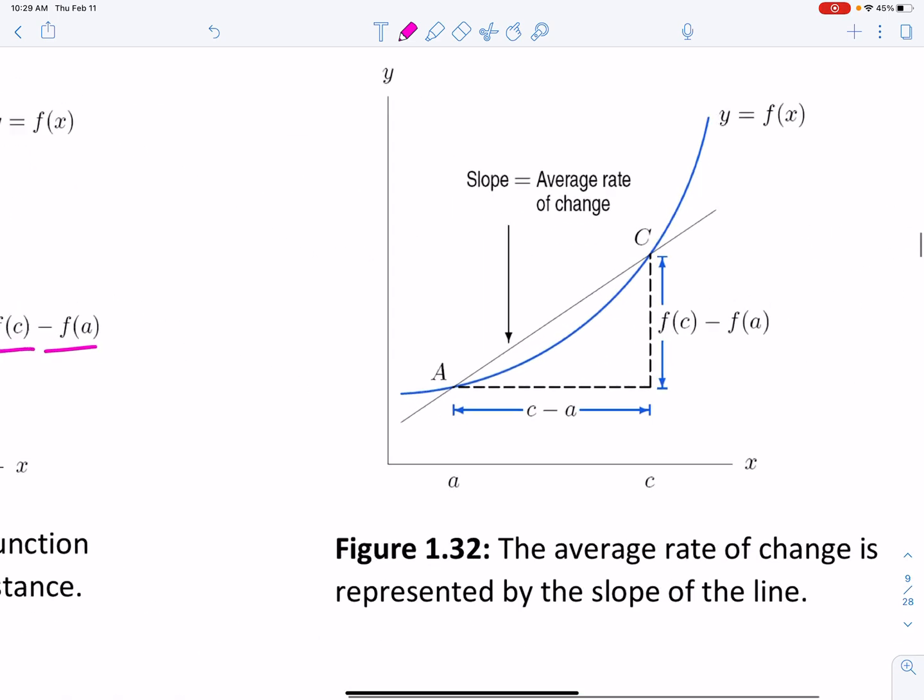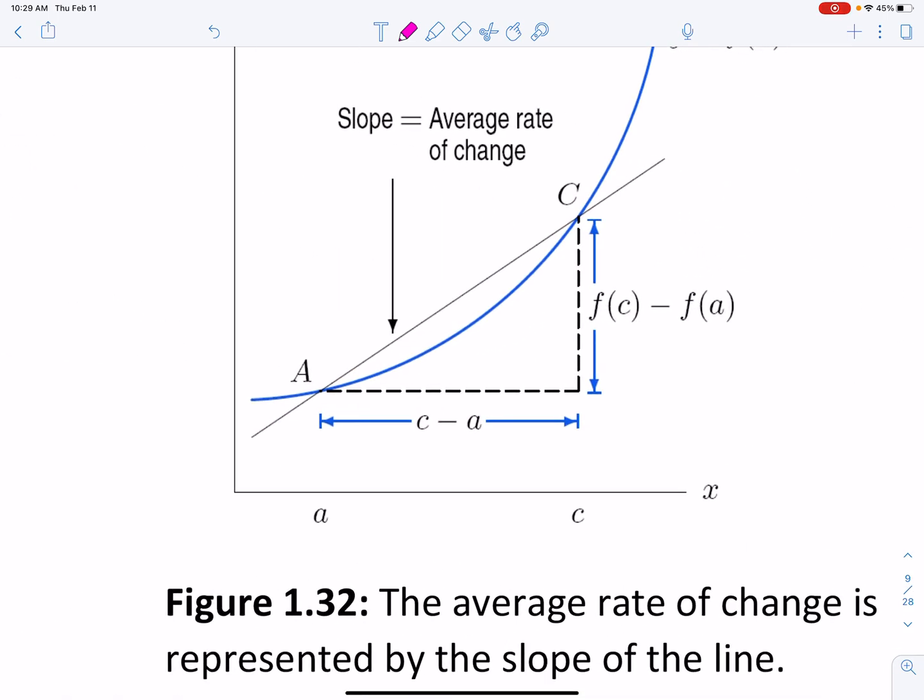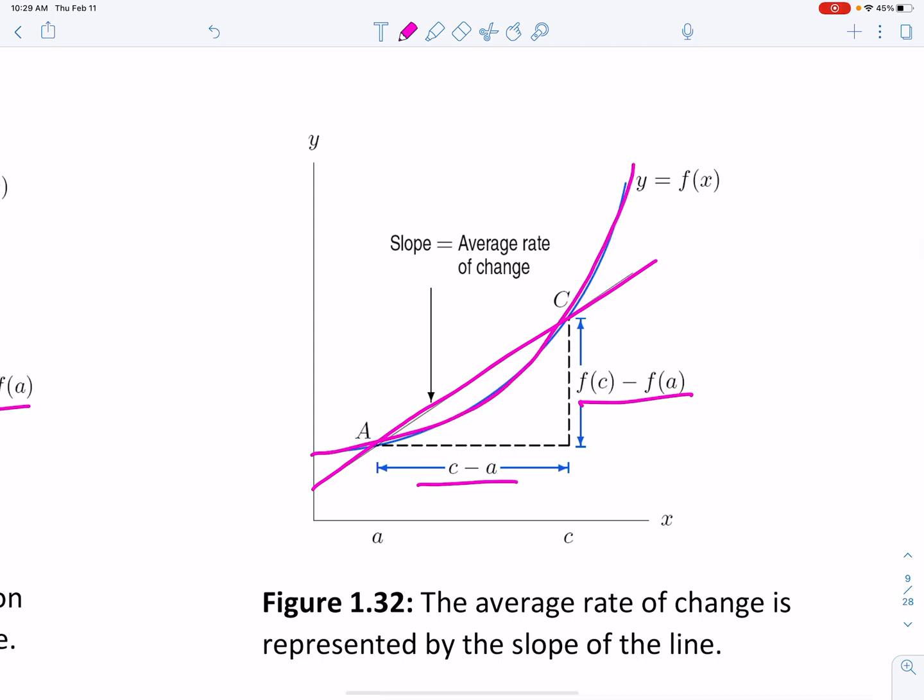And then over here, looking at the change in y versus the change in x. Okay? And again, that represents the slope of the line between those specific points. Even though what you can see is the data here is represented by a curve. But for average rate of change, we're going to talk about the slope of the line between the 2 points.